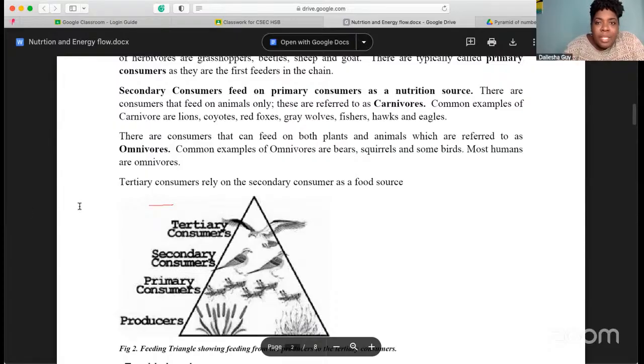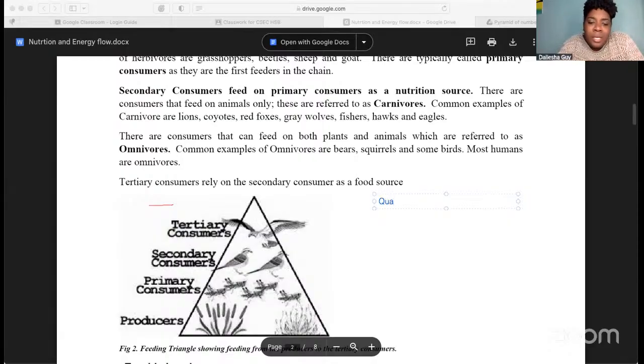All right. There's another level which is not listed here, but we saw it in the first food chain, and it's called the quaternary level, right? And the reason why we don't see it here, the quaternary level, is because it's not typically seen on land, right?